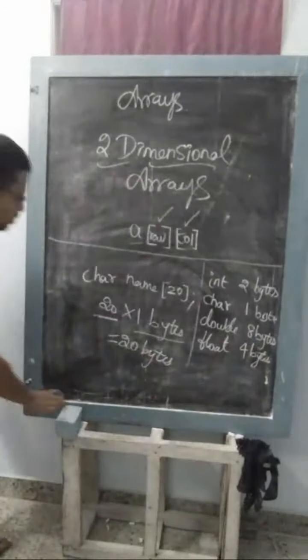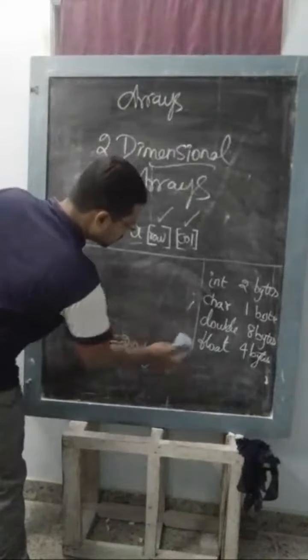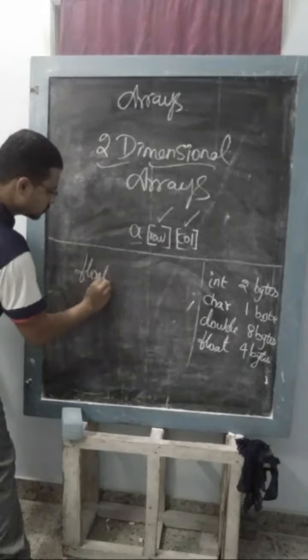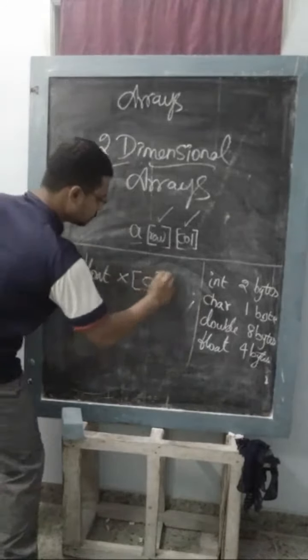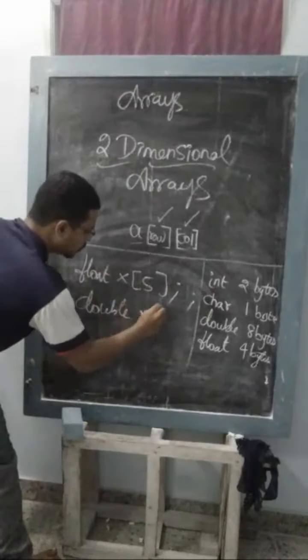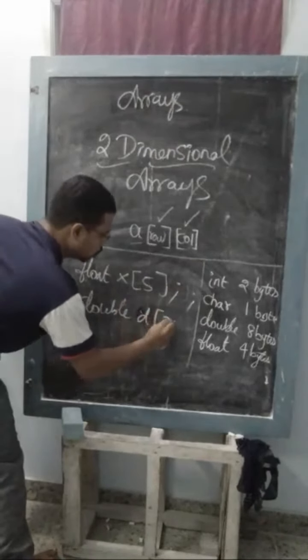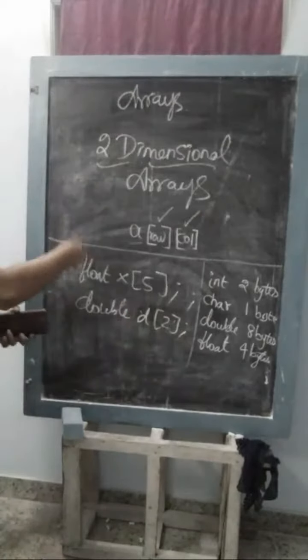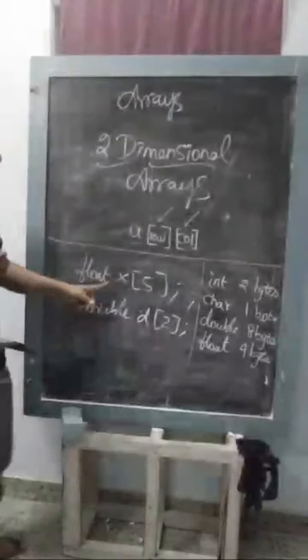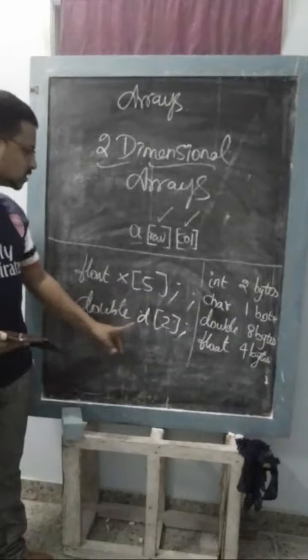So now you just say the answer for the question. I'm just going to write float x of 5, double d of 2. Mention the answer to the question. What is the size of x and what is the size of d?